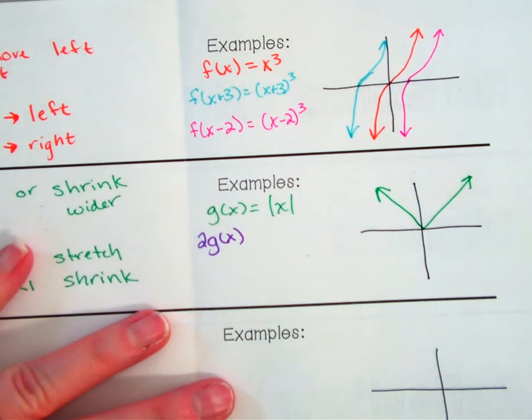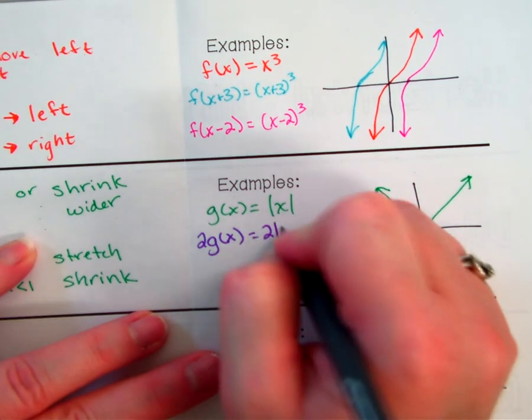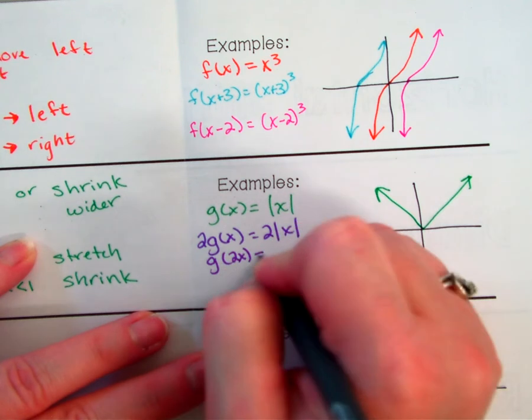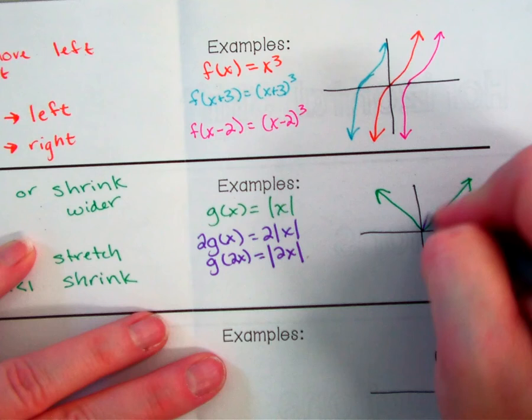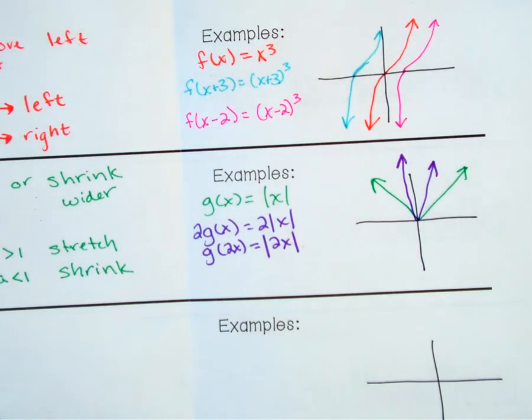Function notation, 2 times g of x, would be 2 times your absolute value of x. Sometimes they can put that 2 inside as well, and it still does the same thing. It still stretches your function up. And so on your graph, it would end up looking narrower, like my purple one does there.